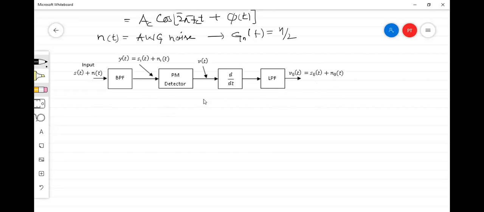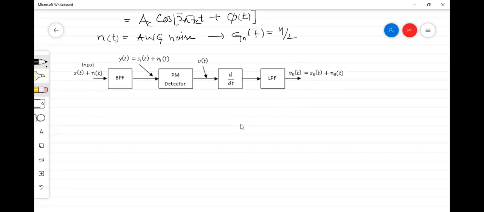The purpose of these two filters is to confine the noise to the desired signals. If it is at input, it is the input signal. If at the output, we are using that output filter to band limit noise to the bandwidth of the message signal.